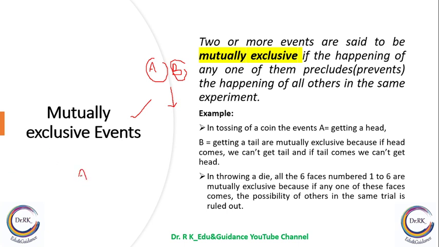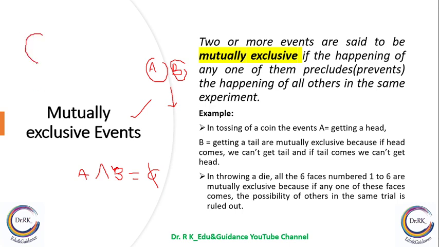If A intersection B equals the empty set, then the events are called mutually exclusive events. That's what we discussed.